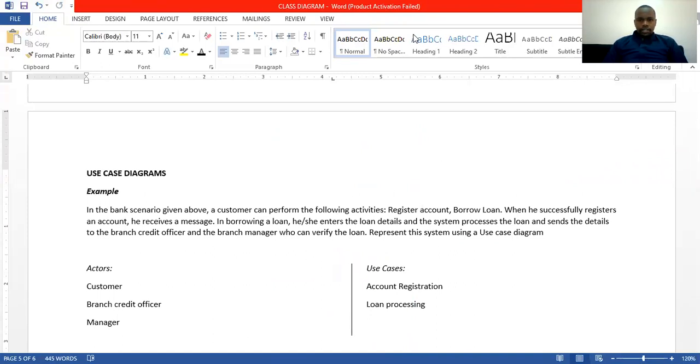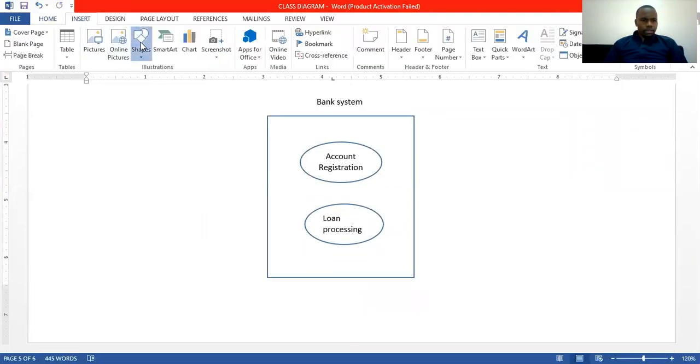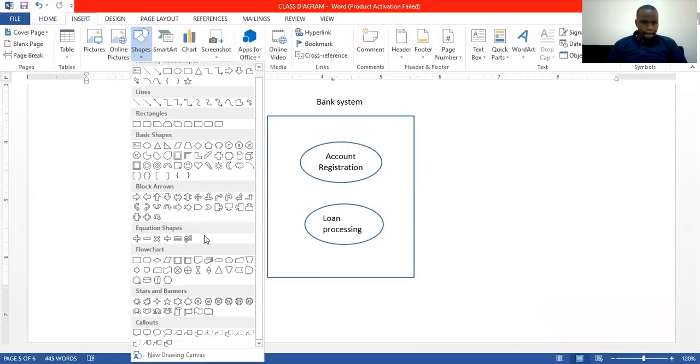I need to find an actor image from the internet, or is it there in Word? Let me see if it is there in the Word document. Just something that looks like a person.